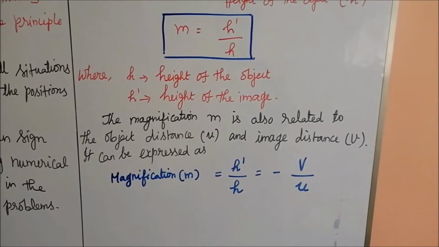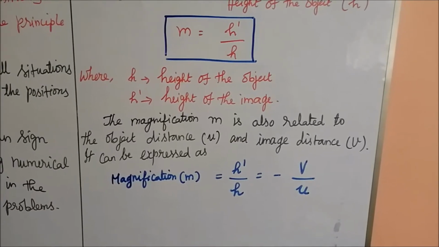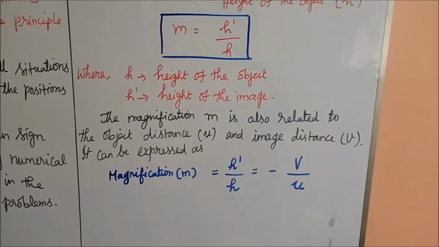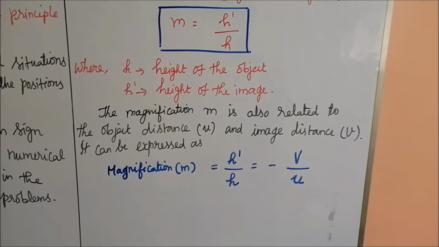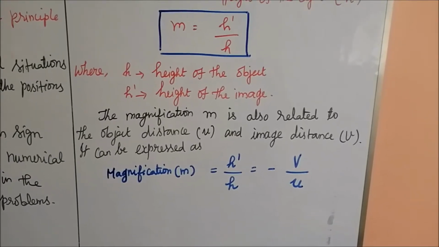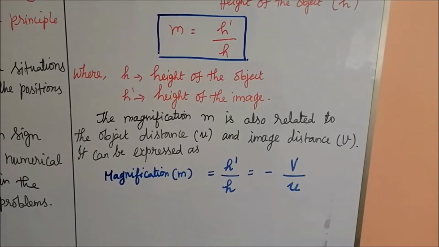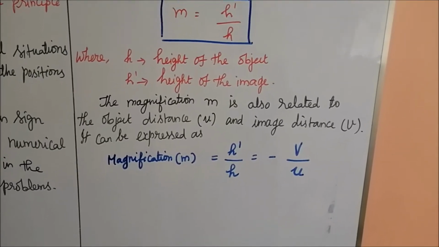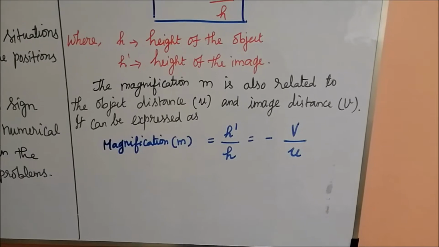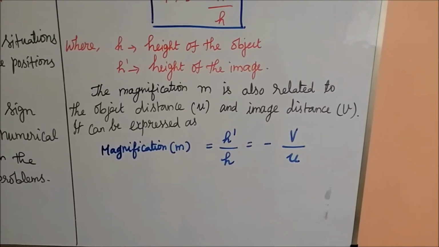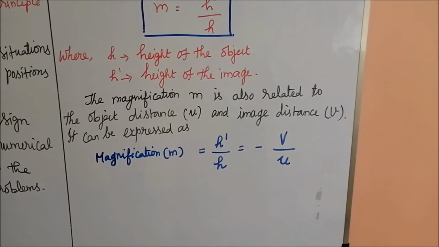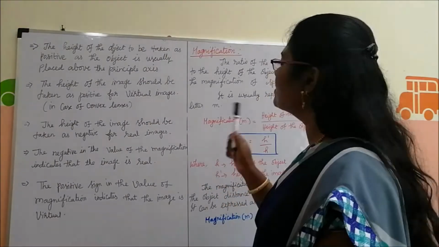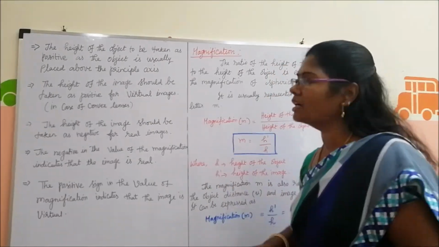The object is always to the left of the mirror, so we are using the negative sign for U. So, the magnification M is equal to h dash by h, which can be expressed in the form of minus V by U.